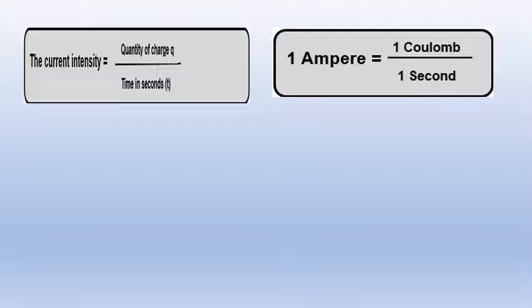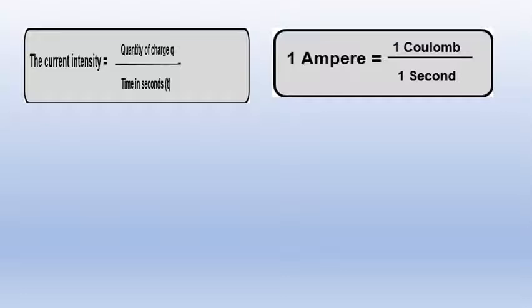Again, if I ask you about the definition of ampere, I will say that the ampere is the electric current intensity when a quantity of electric charge passes through a cross section of a conductor equal to 1 coulomb in 1 second. It's so easy now, right?